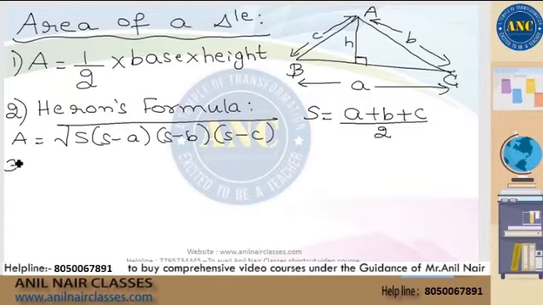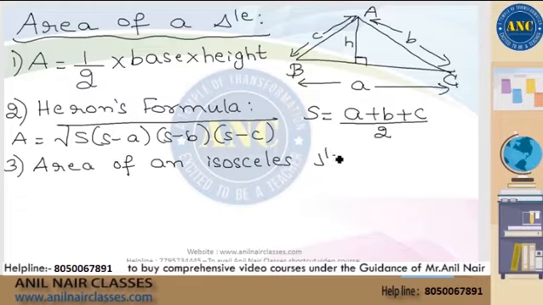I can also express the area of a triangle in another way. I told you this very clearly in my explanation. Area of an isosceles triangle. Suppose there is an isosceles triangle. What is the meaning of an isosceles triangle? Isosceles triangle means two sides are the same.